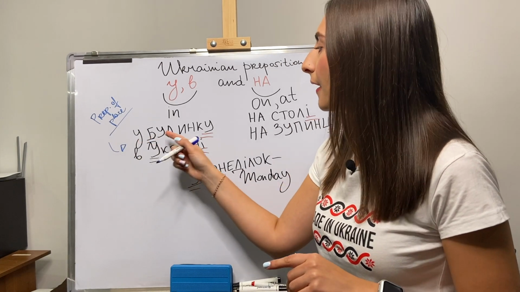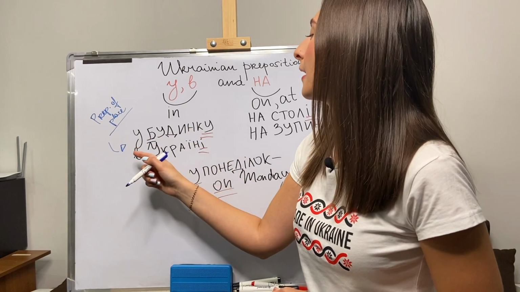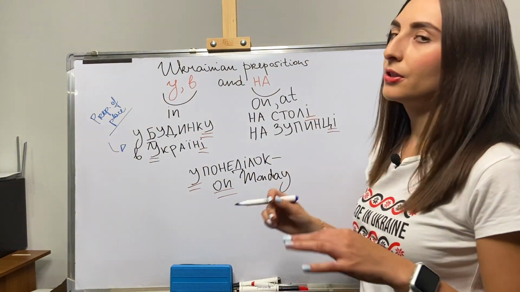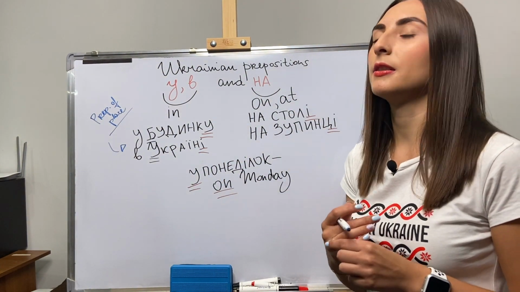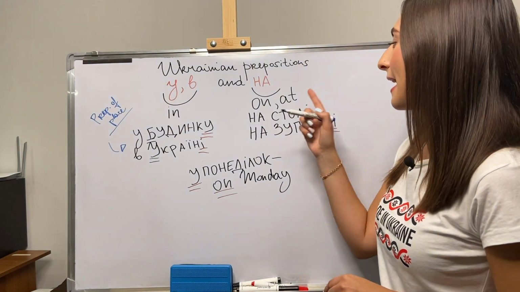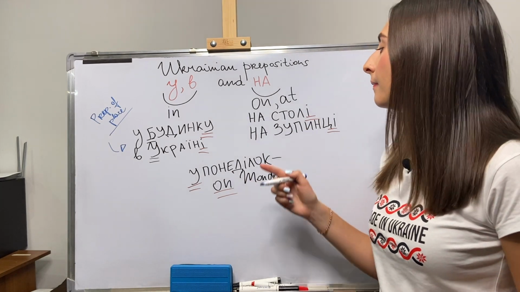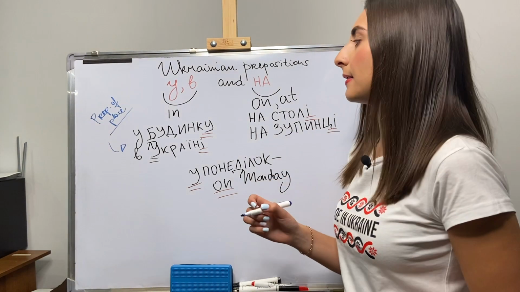For example, in the house, у будинку, in Ukraine, в Україні. На as the preposition of place can be translated into English as on or at. For example, на столі, on the table, на зупинці, at the bus stop.